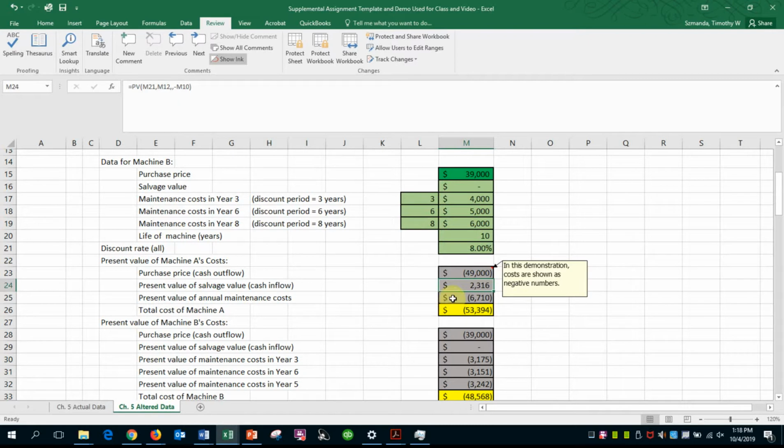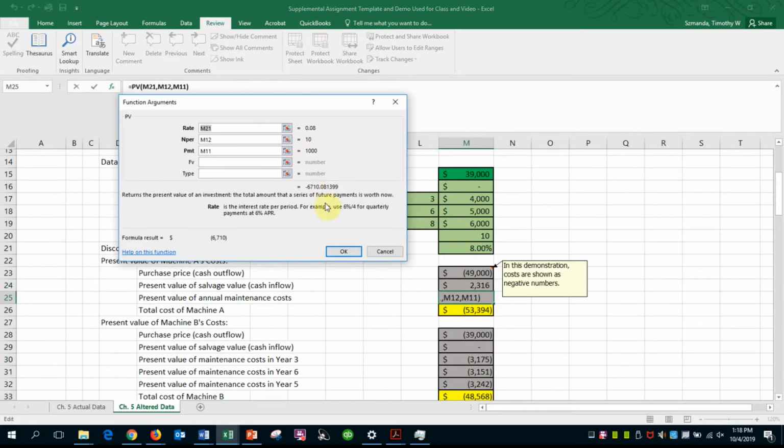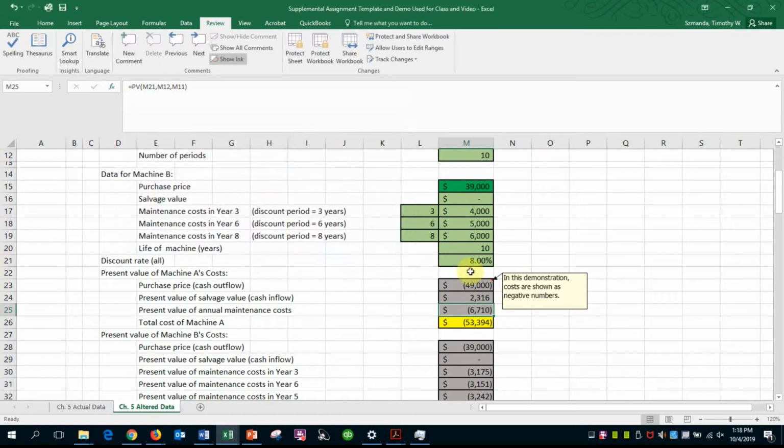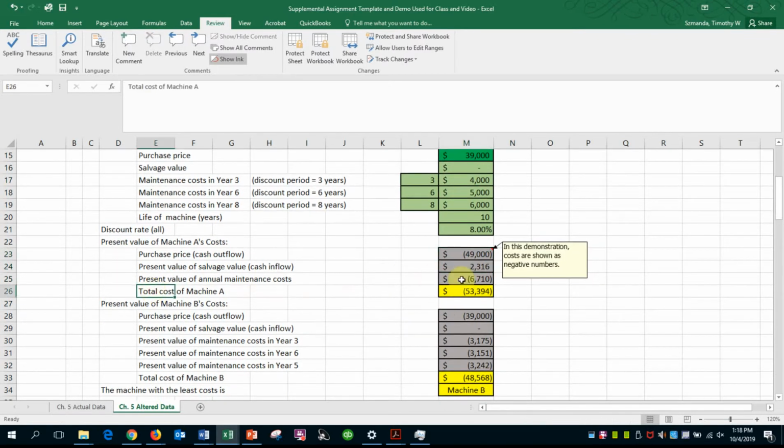Finally, what is the present value of the negative cash flows of $1,000 per year, discounted back 8%, number of periods is 10, and we wind up with a negative cash flow of $67.10.